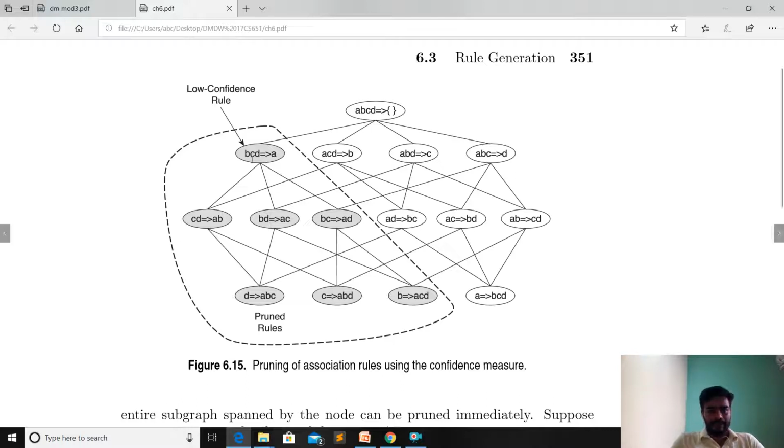So, BCD → A is a low confidence rule. If this is proved, then all the item sets, the supersets, wherever A is involved in the consequent, are low confidence rules. When we find that these are low confidence rules, they can be pruned, meaning they can be cut from the lattice structure because they do not generate any frequent item sets.